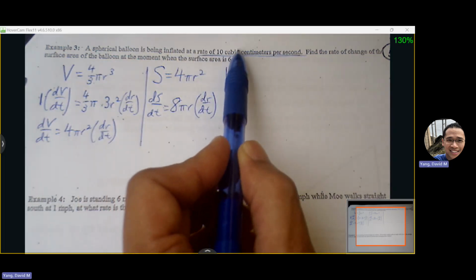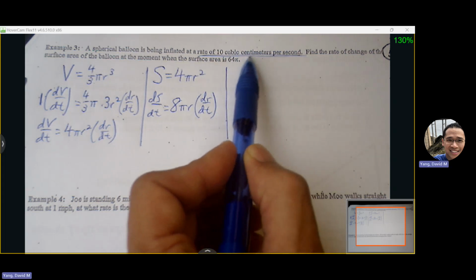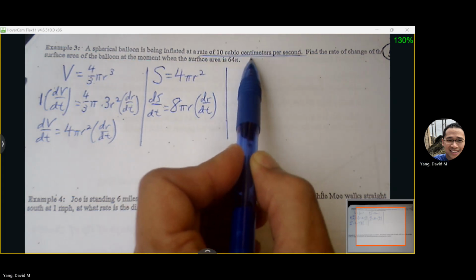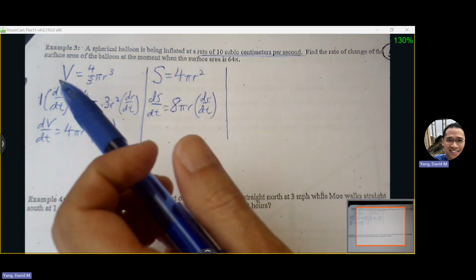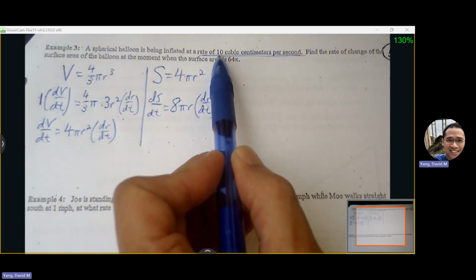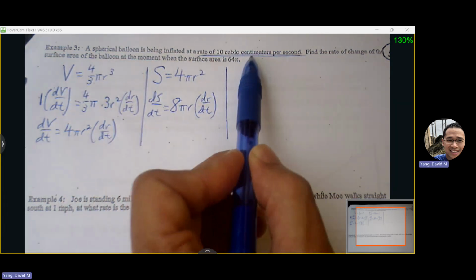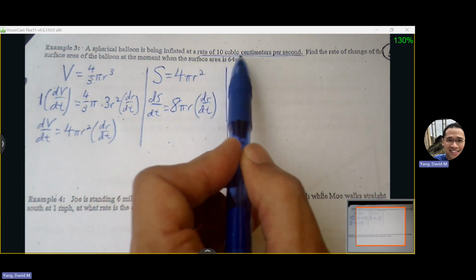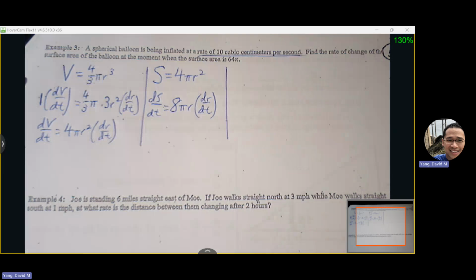Okay, so cubic centimeters, that's a 3-dimensional unit, right? So that has to be involving what? Volume. So it's either V or dv dt. Which one do you think it is? Yeah, because you see the word inflated, you see the word rate, you see the word per second, right? So all these movement words are telling us that it is talking about something related to time.